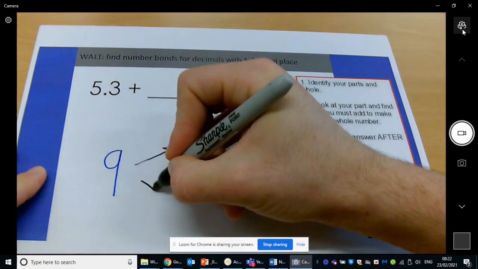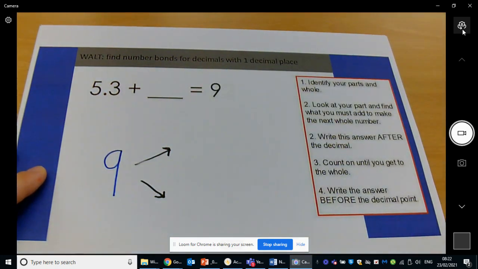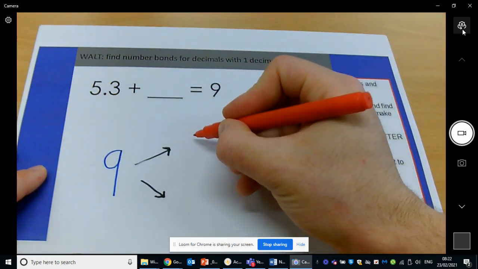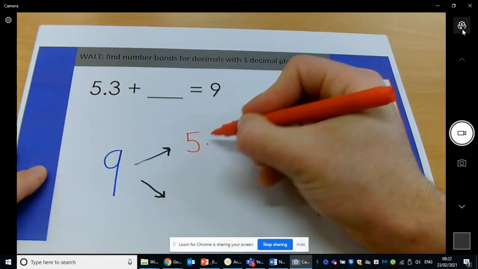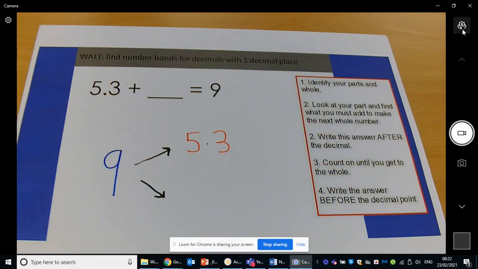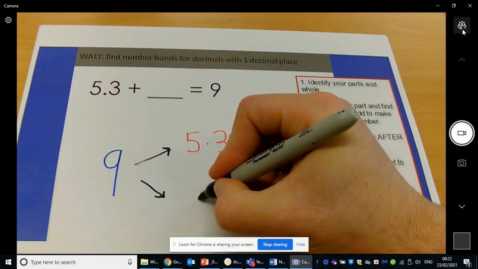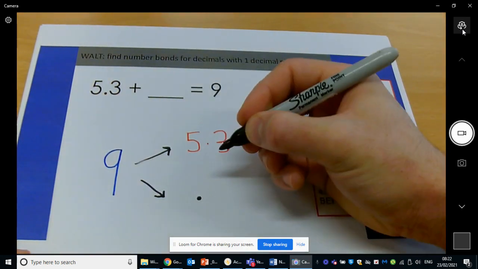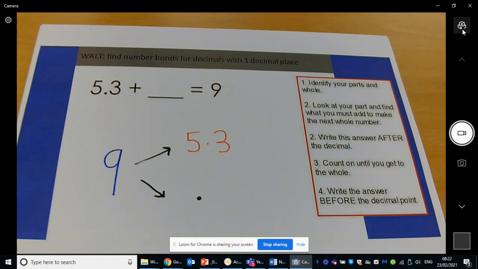I'm going to draw my arrows here to show that we have 2 parts. Now, what is the part that I know? Well, I can tell that's 5.3. And then the other part I don't know yet, so I'll leave that there. But I will just do a decimal point, just so that's there for when I need it.